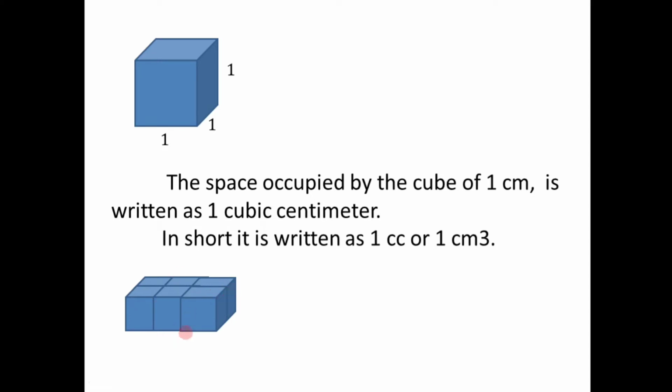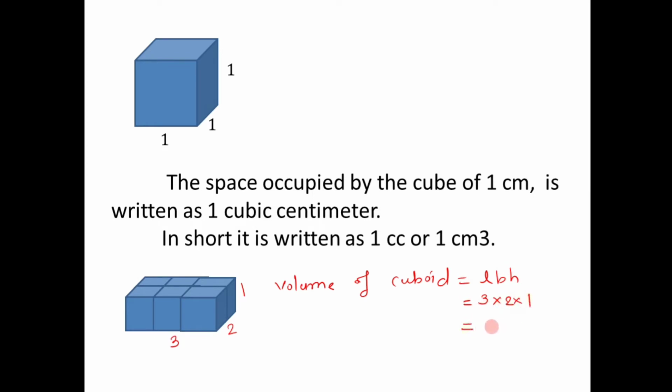We get this diagram, which is a cuboid with length 3 centimeter, the breadth is 2 centimeter, and the height is 1. So this is the cuboid, and if we use the formula for volume of a cuboid, we have the formula, that is L into B into H. So in this case, the length is 3, breadth is 2, and the height is 1.